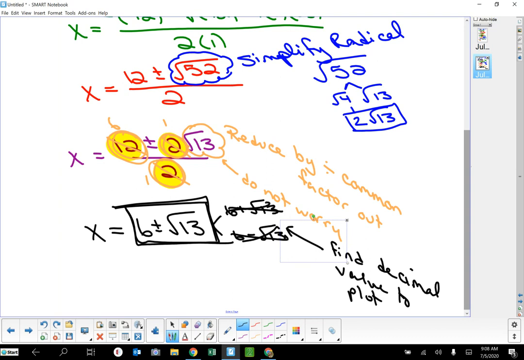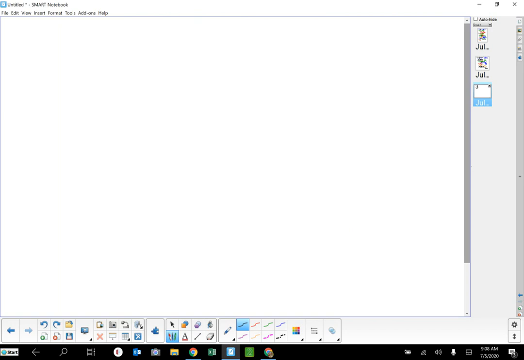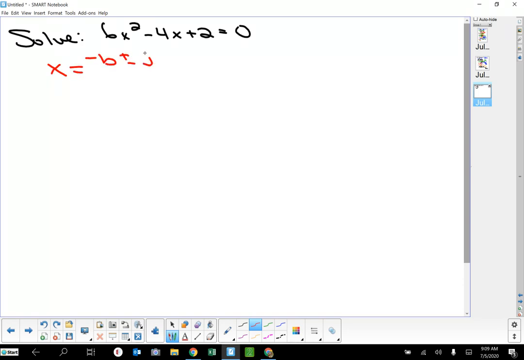All right, let's take a look at one that has an imaginary solution. So we're going to solve 6x squared minus 4x plus 2 equals 0. Here's our quadratic formula. X equals negative b plus or minus the square root of b squared minus 4ac all over 2a.